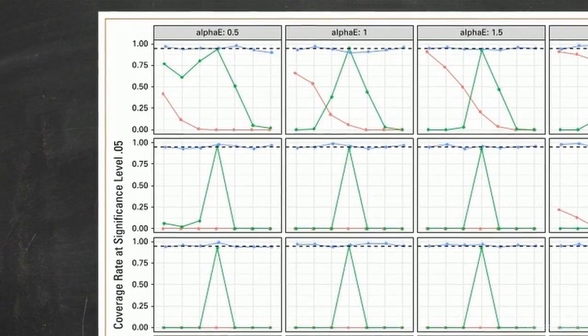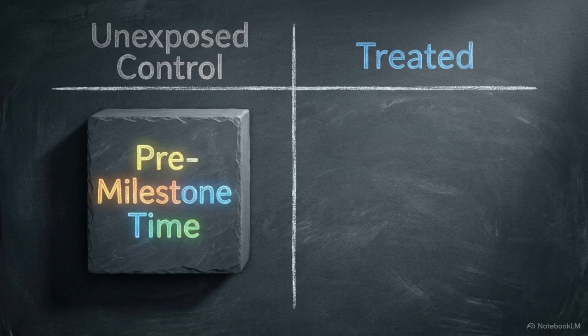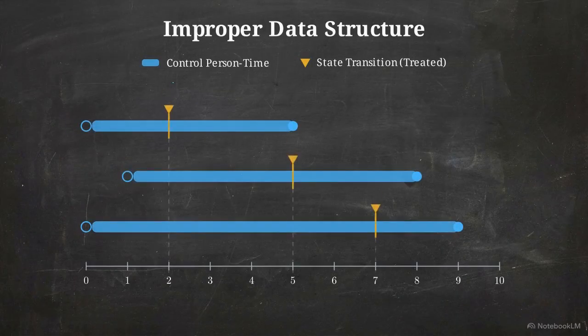Looking at the top left panel, the naive Cox method generates severely biased hazard ratios that falsely suggest protective or exaggerated effects, while the time-dependent models correct the coverage rates. The strict rule is this: any person time accumulated before a treatment or milestone is officially achieved must be mathematically assigned to the unexposed control group. Survival analysis is structurally invalid if it fails to align the exact timing of state transitions with properly partitioned person time intervals.